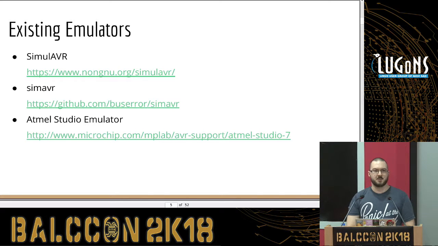The Atmel Studio Emulator did not do what I wanted it to do, because I could not load a firmware image without any symbols into it and just run it. I just couldn't get it to run. It should be theoretically possible to give it an ELF binary with symbols, but it didn't work out. So there were SimulAVR and SimAVR, and SimAVR had more AVR cores implemented, so I chose to go with SimAVR.